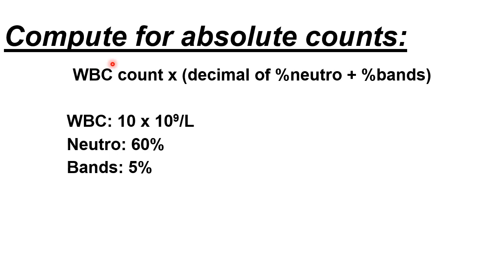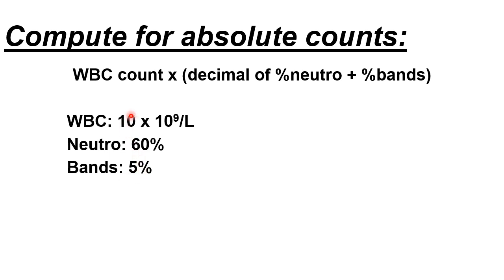Kunin mo yung information regarding the WBC count, multiply by the decimal part of the percentages of your neutrophil and band cell. So, makikita mo yan sa iyong CBC result, no? So, for example, our given information, the WBC is 10 times 10 raised to the 9th power, neutrophil is 60%, bands is 5%. So, paano mo yan gagawin?